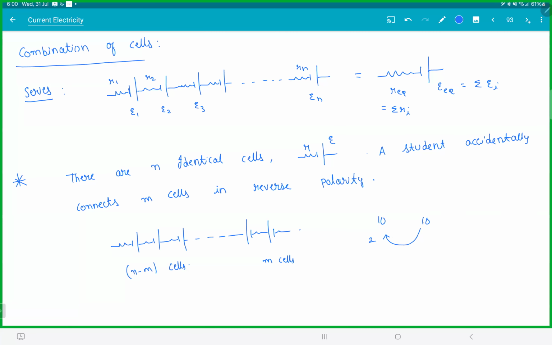You lost 2 and I gained 2. The same way here, first of all, you lost m batteries, so EMF is n minus m, right? And then the m batteries which got reversed cancel another m batteries. So the EMF is (n minus 2m)E and the resistance is nr. So be careful with that. Easy question.